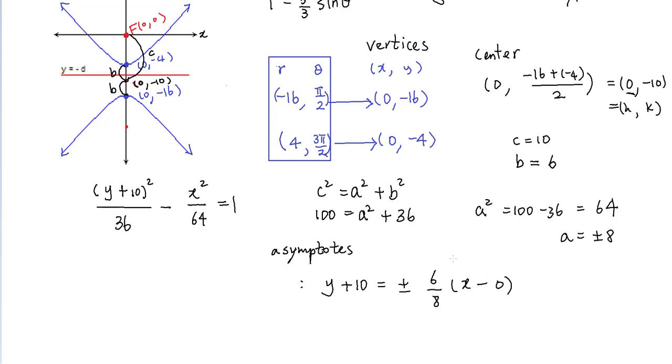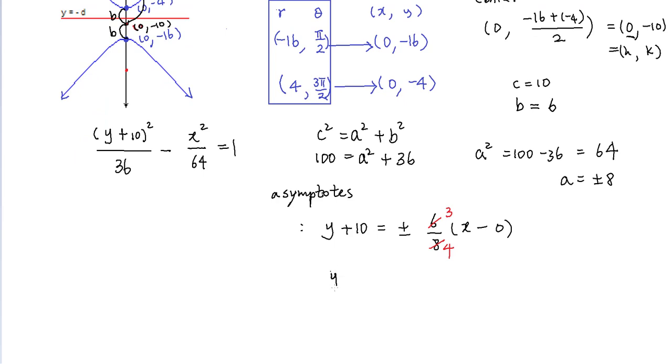Of course, you don't leave 6 over 8 as it is. You simplify, divided by 2, divided by 2. So your asymptote equation is simply y equals plus or minus 3 over 4 x minus 10. That's the equation of the asymptote.